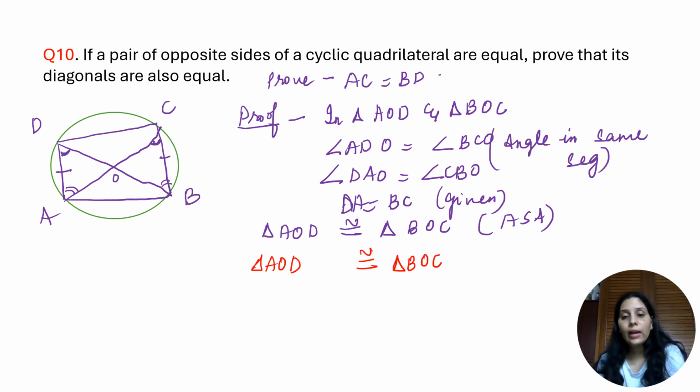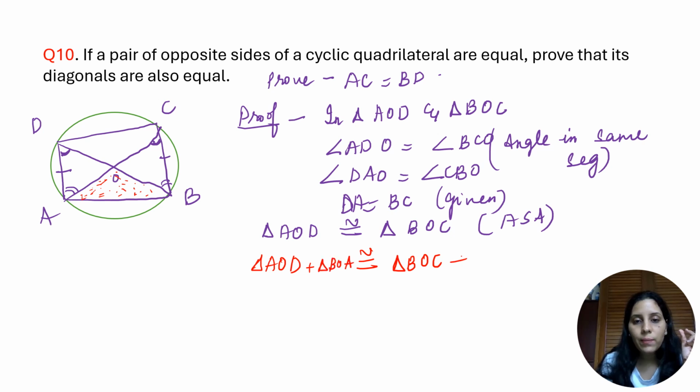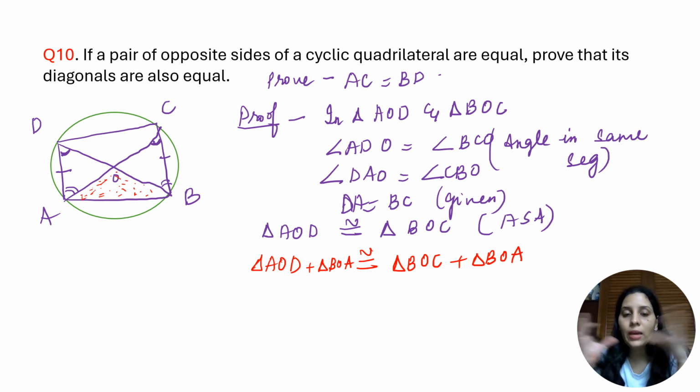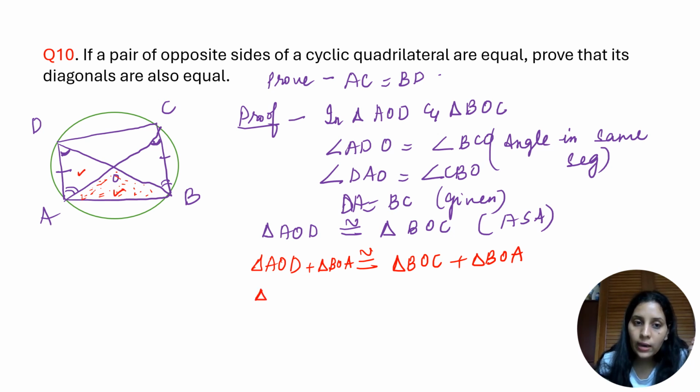Okay. Can I add this triangle BOA? Can I add this portion on both the sides? So triangle BOA plus triangle BOA, right? Equal quantities can be added, subtracted, multiplied, divided. You know this, right? So now AOD plus BOA will give me triangle BDA.